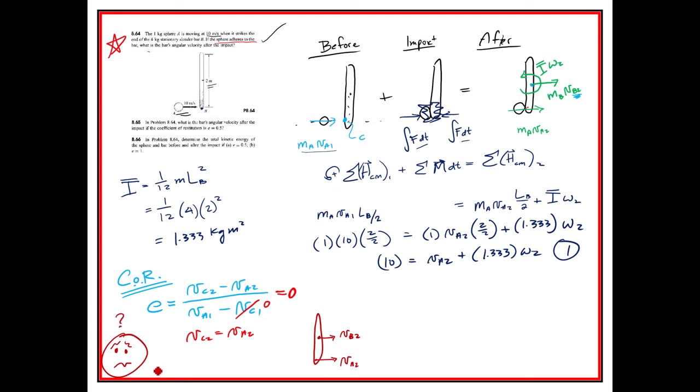He thinks, well, isn't VA2 just equal to omega 2 times L over 2? Is that true? Anybody?